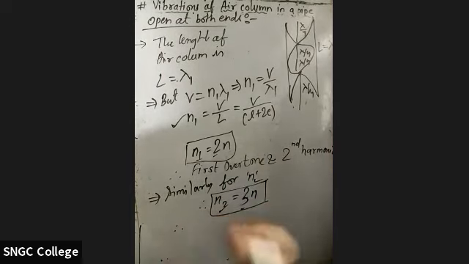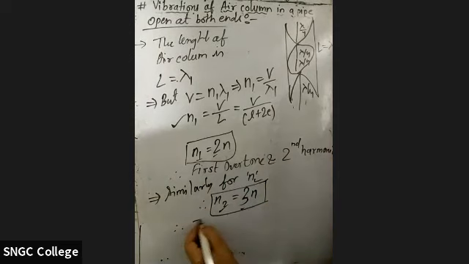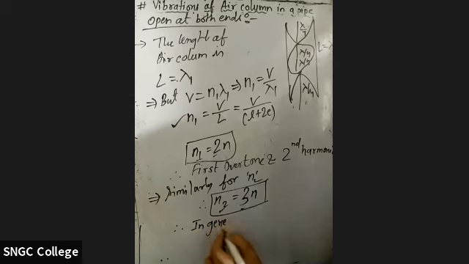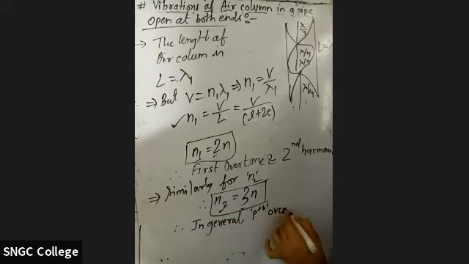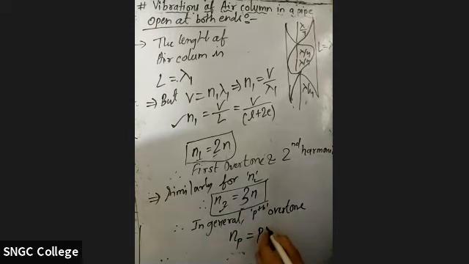So in general we can write, therefore in general, if for fifth overtone, जो इक्वेशन बनेगा वो क्या होगा? np equal to p into n.